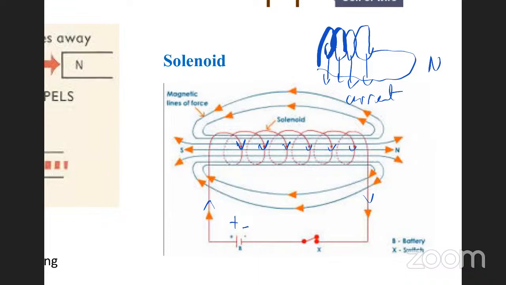Fingers coming down and your thumb pointing towards the left where the north is. So your thumb points towards magnetic north. If there is north here, here is south. And what do we know? Magnetic fields always leave the north and come into the south.